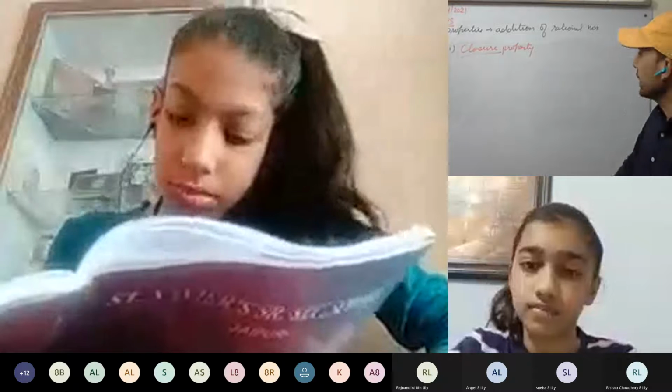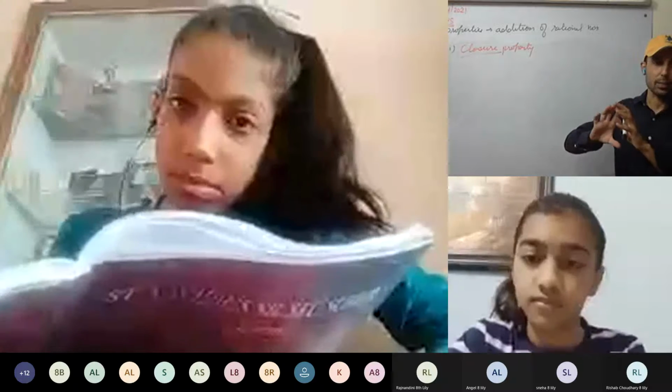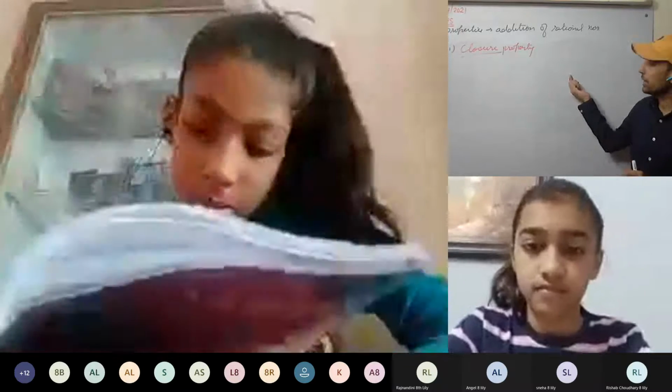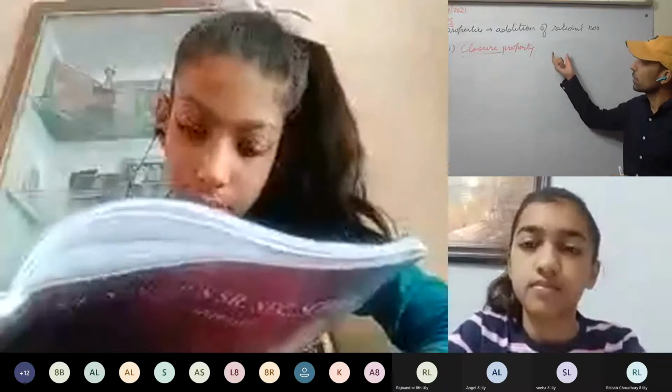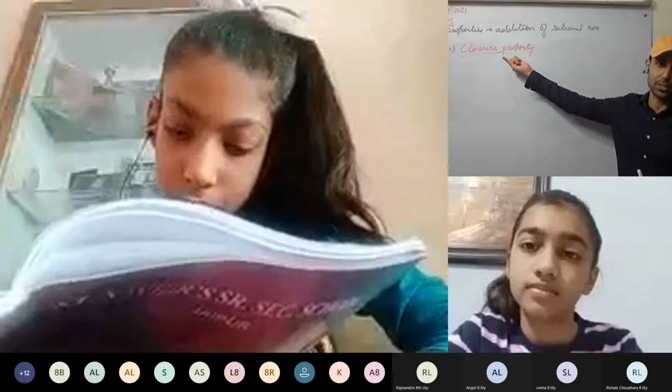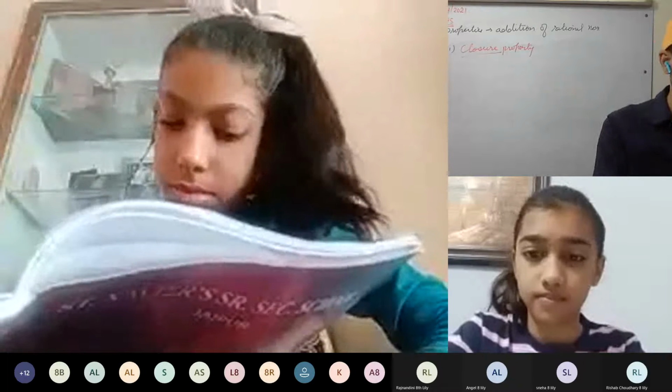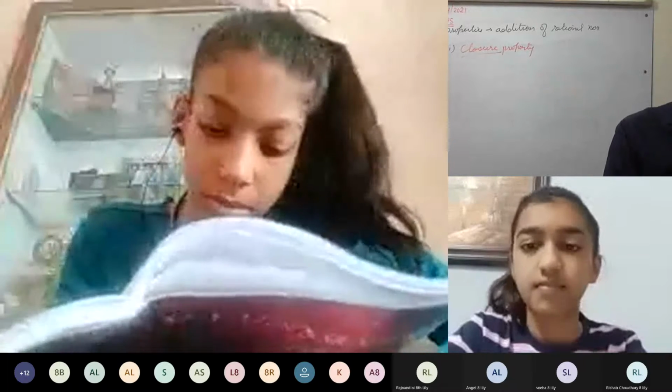See here, closure property means if we add two or more rational numbers, the result is always a rational number. That is, addition is closed with respect to rational numbers.